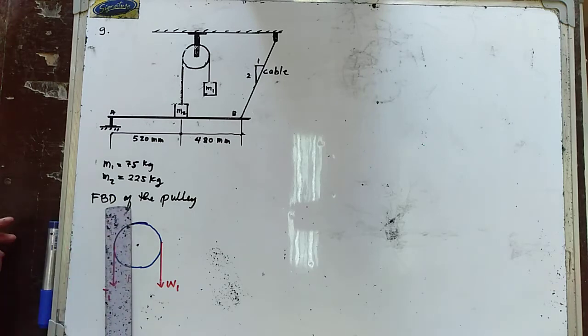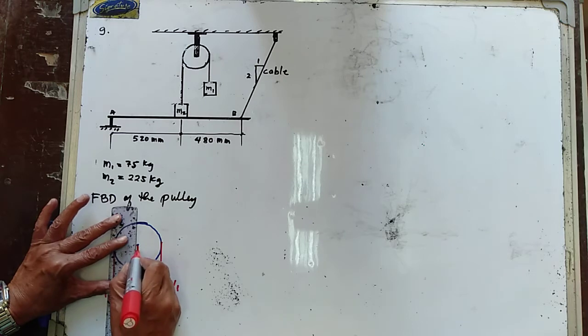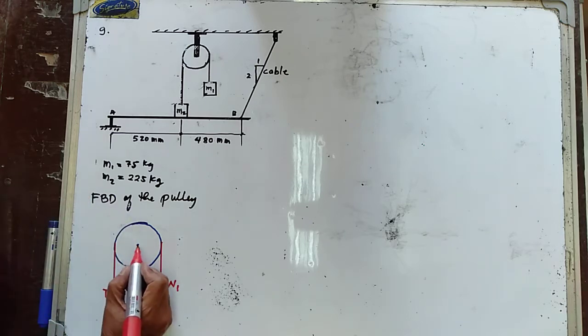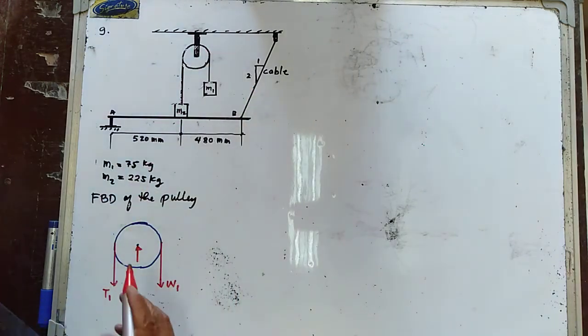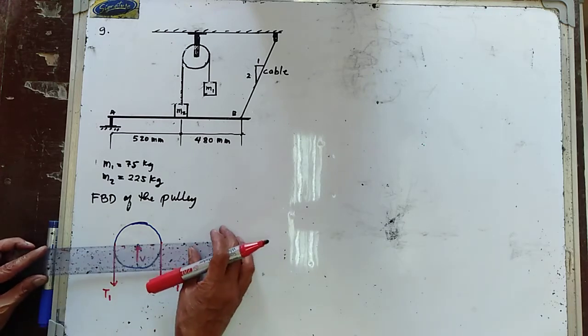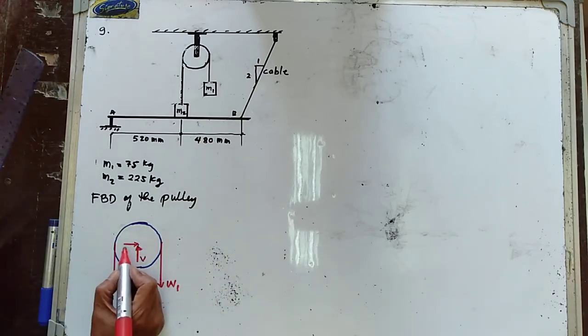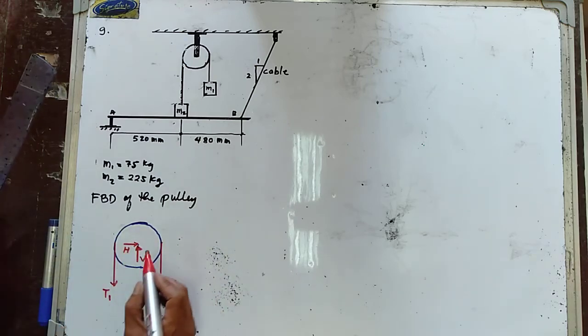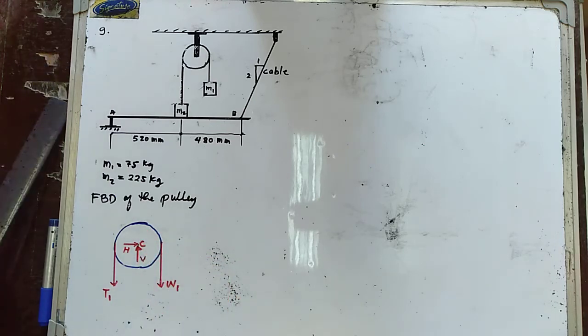So we have now the vertical component of this point, that is the vertical reaction of the support at the pulley. And this one in here is the horizontal reaction. I'm going to call point C the center of the pulley.